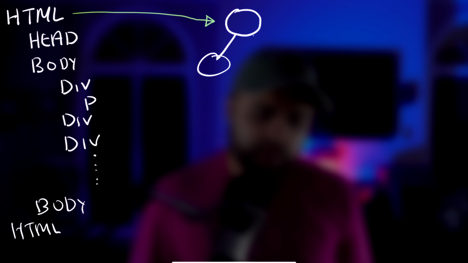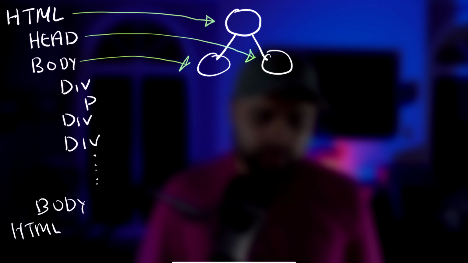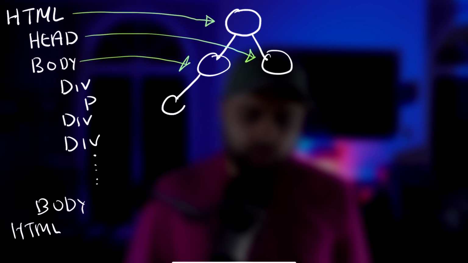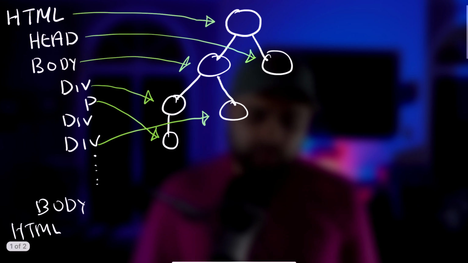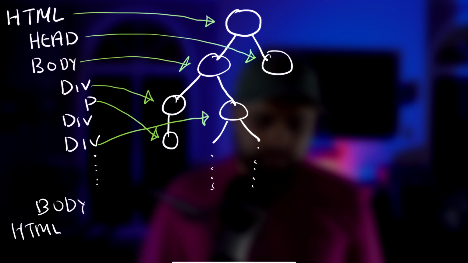Close off that body tag, close off your HTML, and that's when you can kind of notice that this looks like a tree. The HTML being the parent node, the head and body being children of the HTML, and then the body node would have more children. The div element, the paragraph element, and then the other div element and its children.